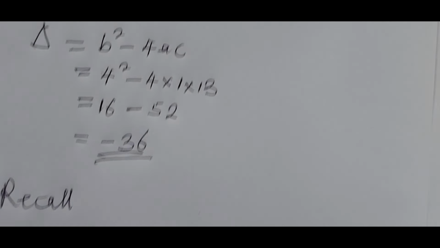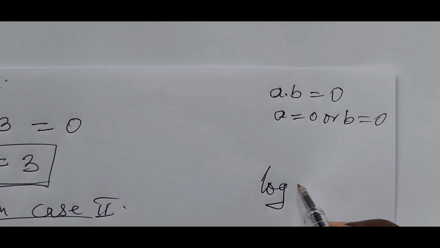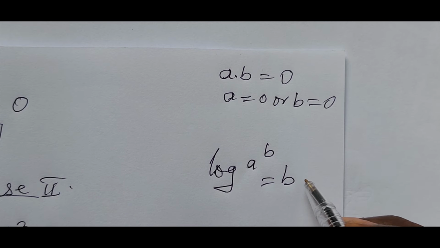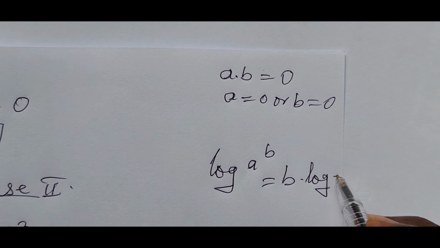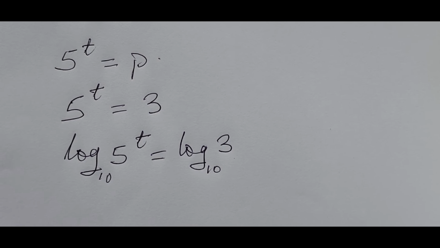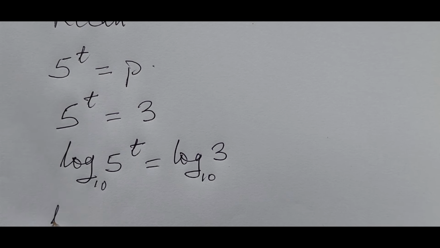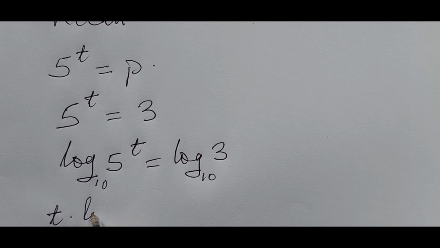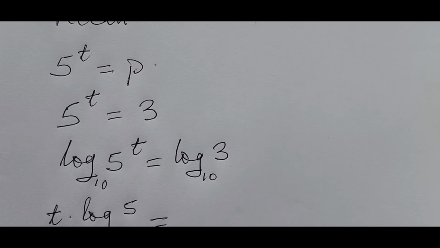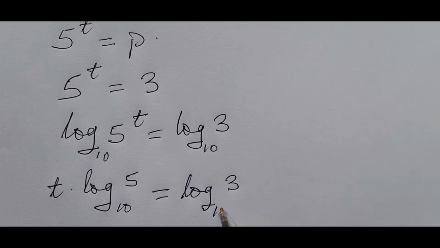So remember the law of logarithm, which says that the log of a raised to the power of b is equal to b times the log of a. If we apply this power law, the t is going to come over here. So this is going to give us t times the log of 5 base 10 is equal to the log of 3 base 10.